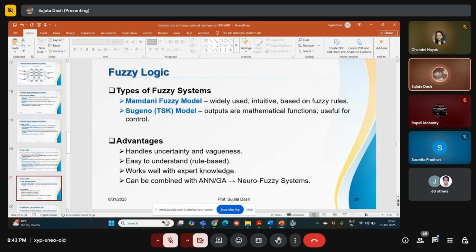And the Sugeno, or Takagi-Sugeno, system. Here the outputs are mathematical functions, linear or constant, not fuzzy sets. So it is easier for optimization and adaptive systems. It can be used in adaptive cruise control in cars.